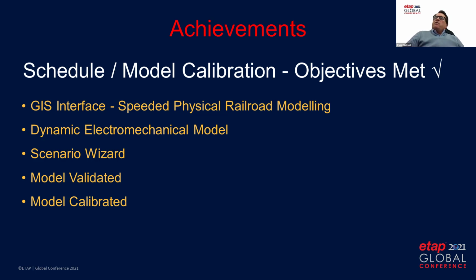We used Scenario Wizard, which is just a powerful tool within the ETAP software to quickly analyze multiple scenarios for different case studies and failure analysis scenarios that were defined that we wanted to evaluate their impact on the system. It was a construction or a temporary configuration of the railroad.